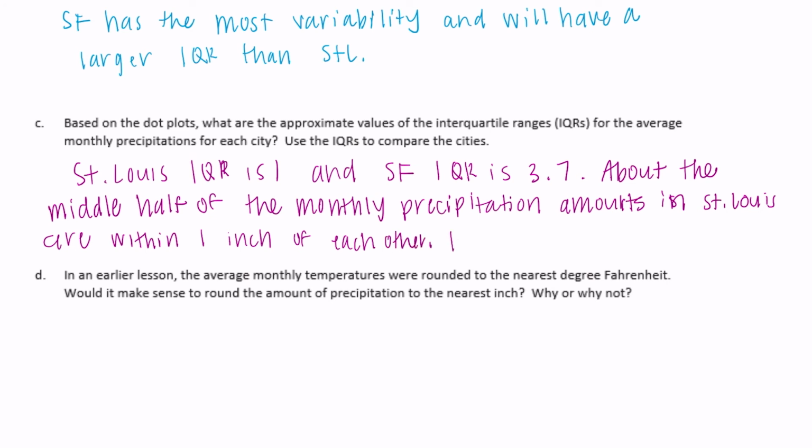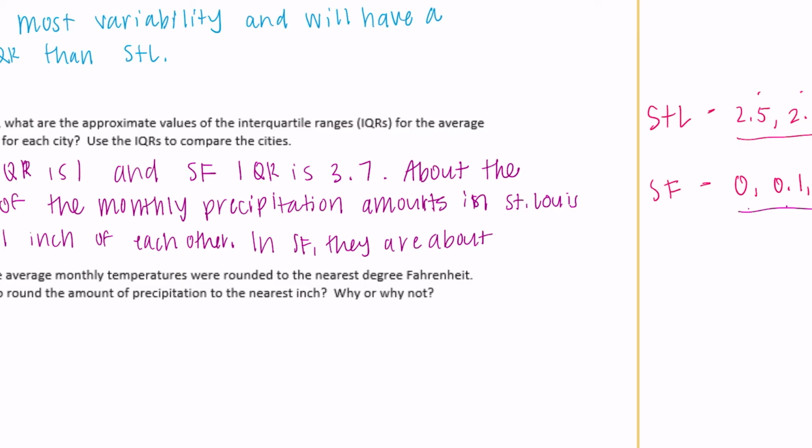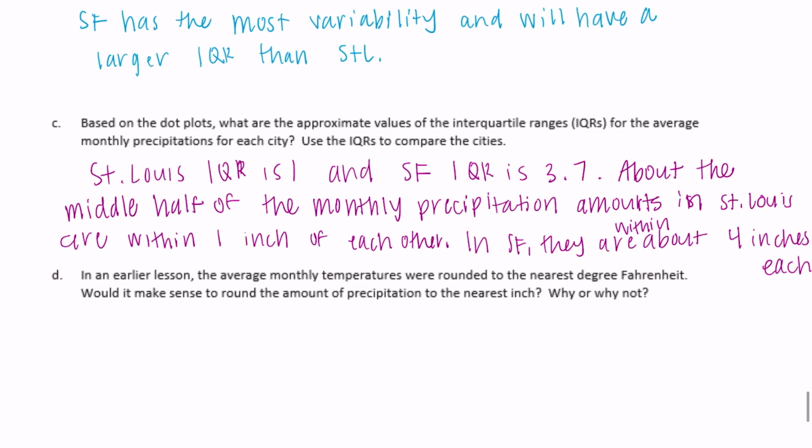And then we can just say in San Francisco, they are within about 4 inches of each other. So lots greater variability.